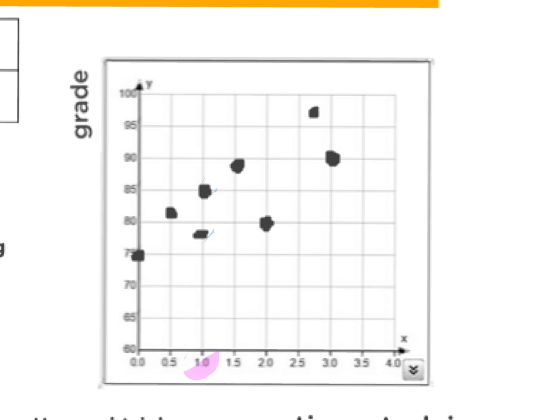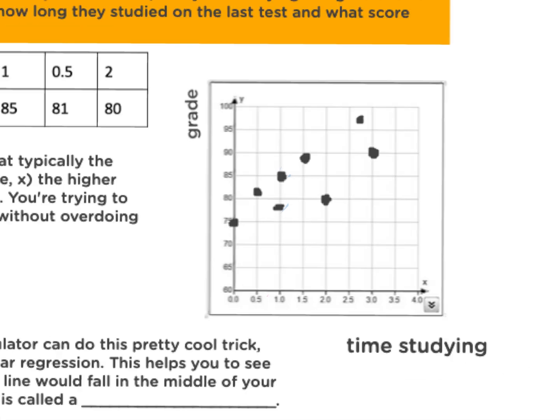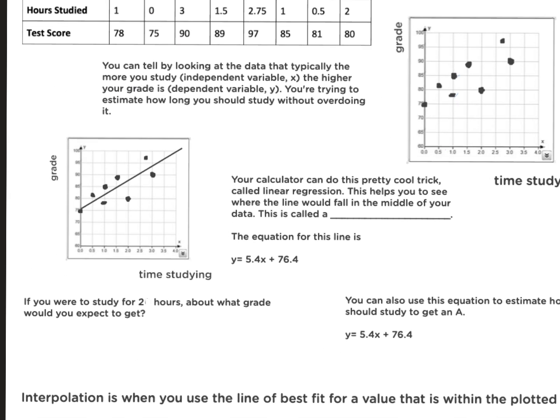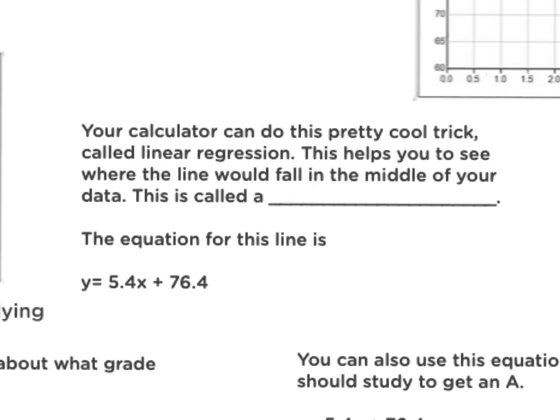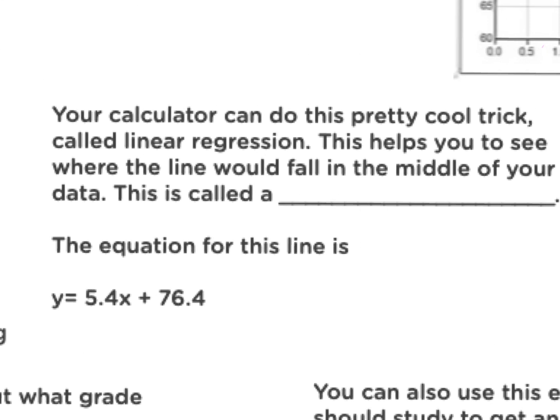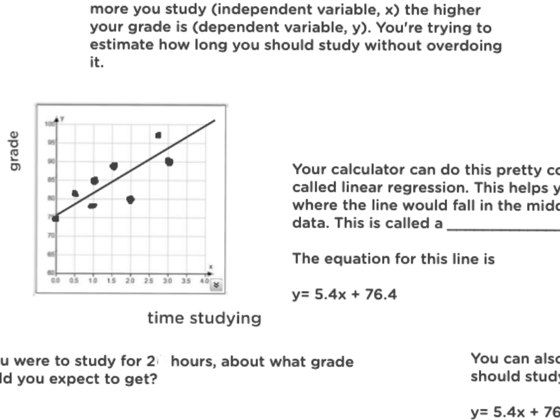So in the sciences, we use something called a line of best fit. So in 8th grade math, all you need to know how to do is just look at that scatter plot and eyeball where the middle is and get a pretty decent estimate.